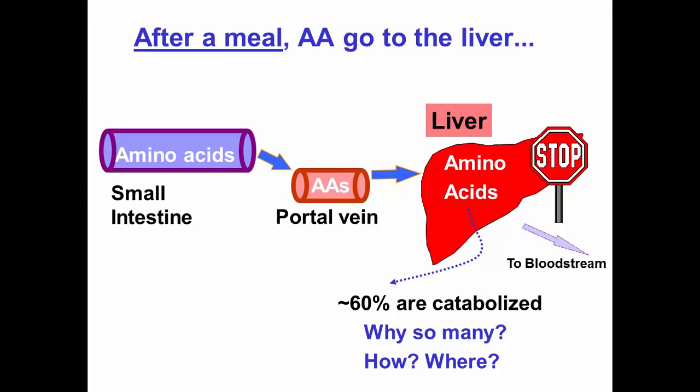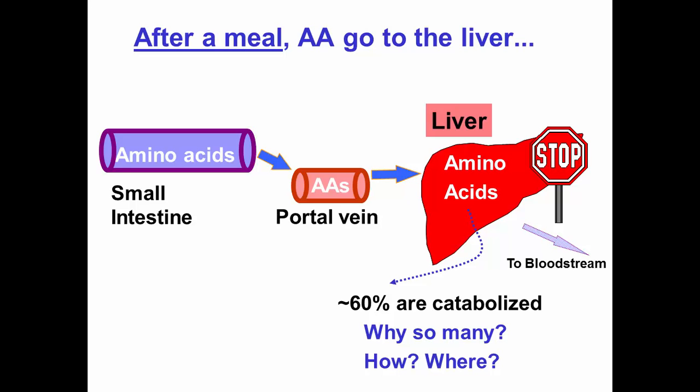But before we move on, let me give you 3 things about liver amino acid metabolism that I want you to keep in mind. Number 1 is that the liver is the primary site for amino acid uptake after a meal. And that makes sense, right? Because the portal vein is directly feeding into the liver.